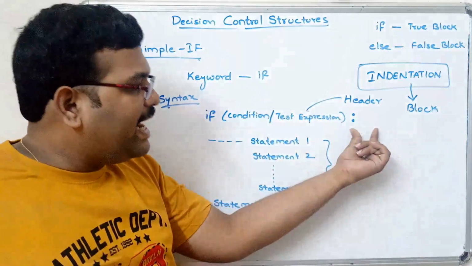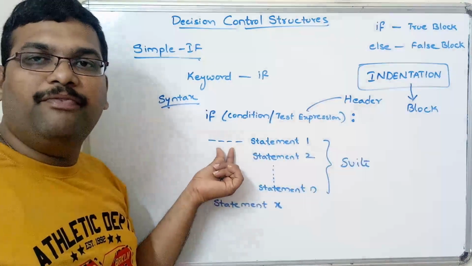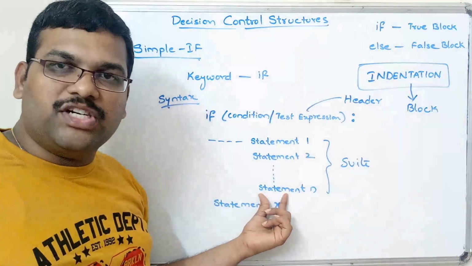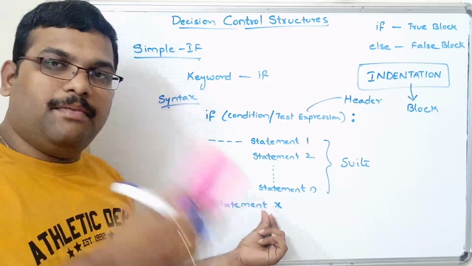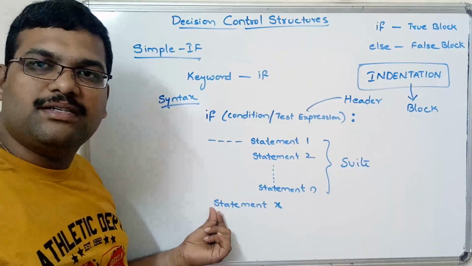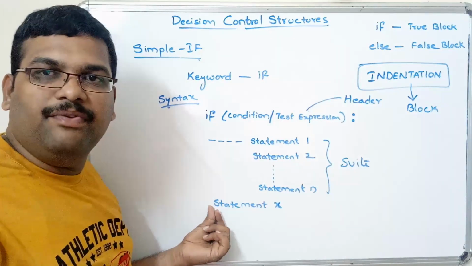If you put the colon at the header, automatically the indentation will be followed. Whenever you complete this block of statements, press backspace so that the cursor moves back to the first line.